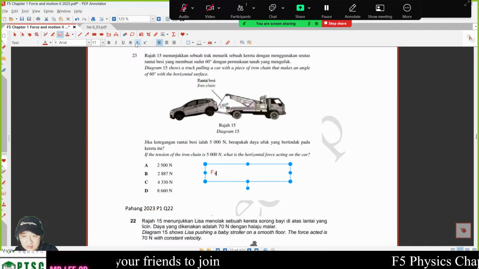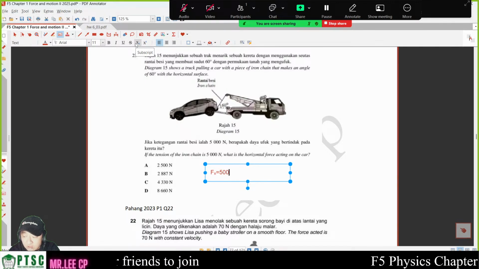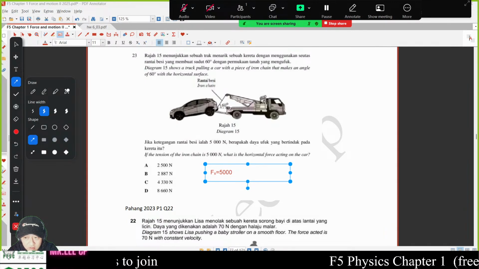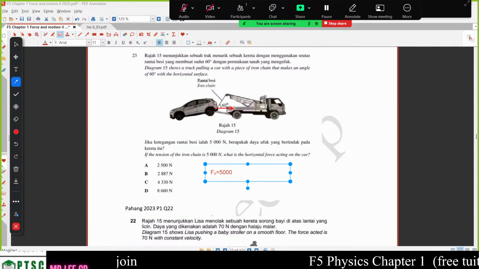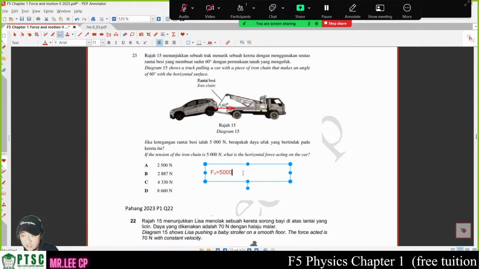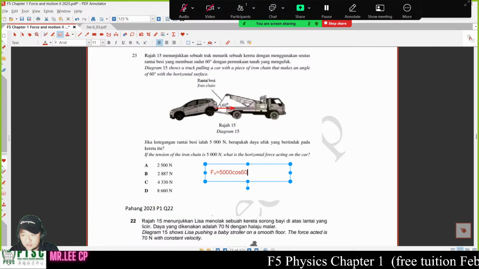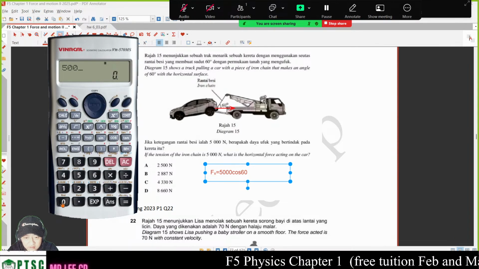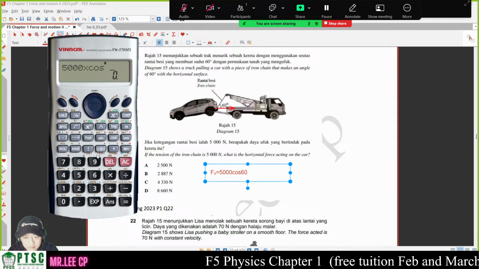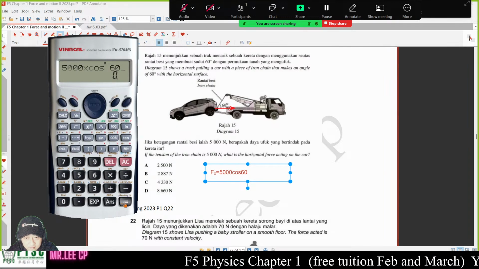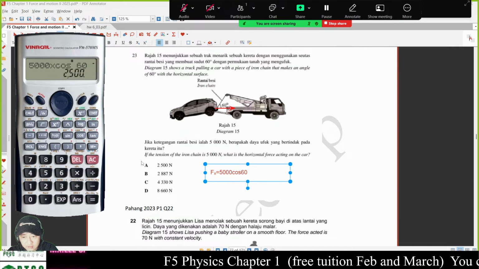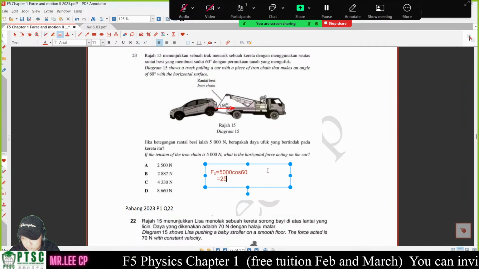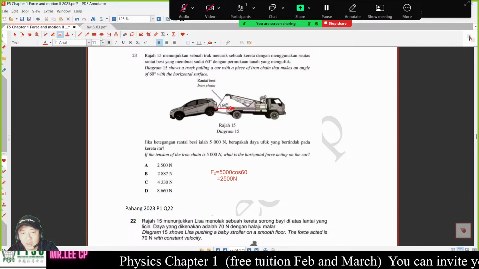Fx is equal to 5,000 touching 60, so cos 60. 5,000 cos 60 should be 2,500. Answer is A.